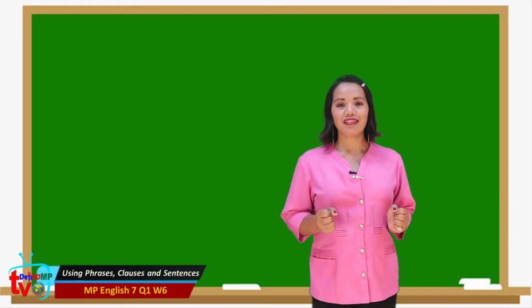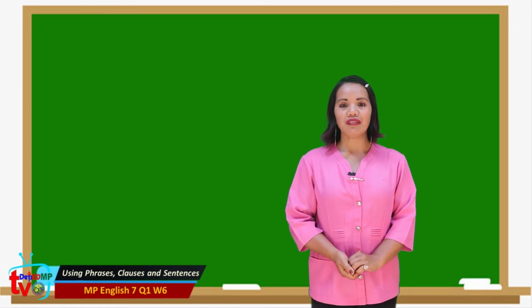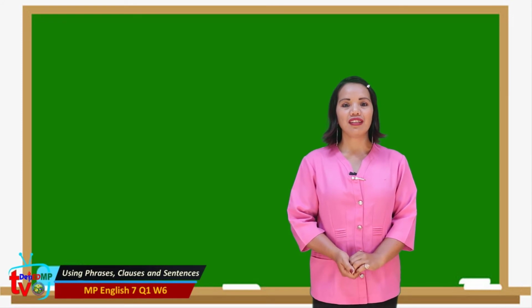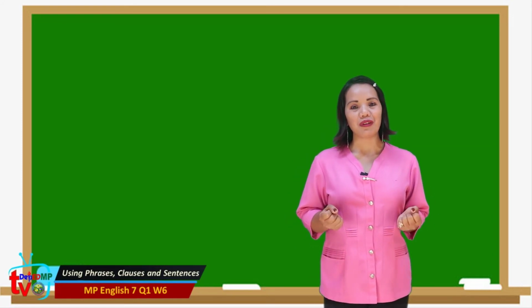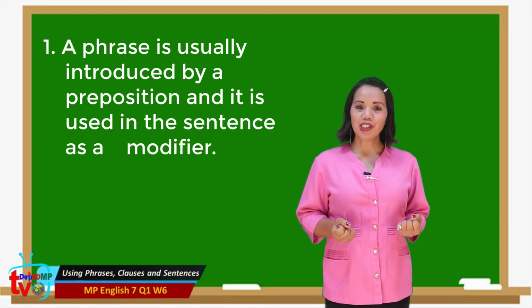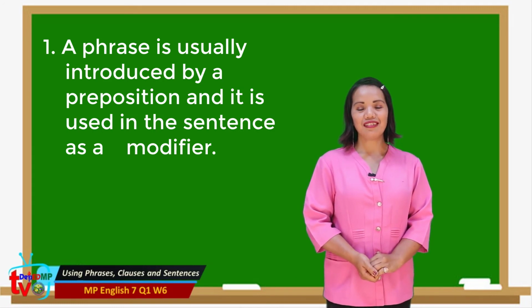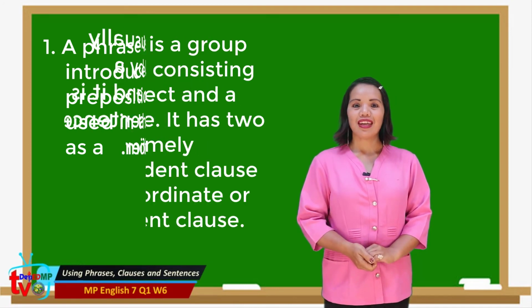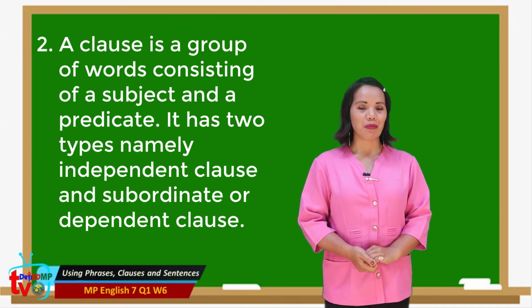Now that we are done discussing phrases, clauses, and sentences, I do believe that you can answer all the activities in your answer sheet. Here are some points that you should always remember. One, a phrase is usually introduced by a preposition and it is used in the sentence as a modifier. Two, a clause is a group of words consisting of a subject and a predicate.